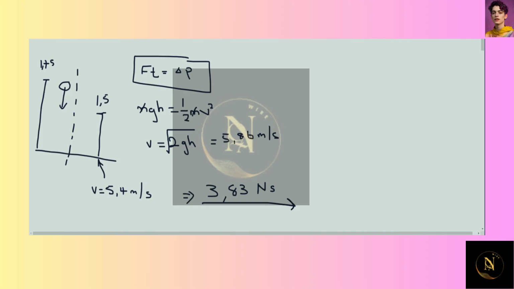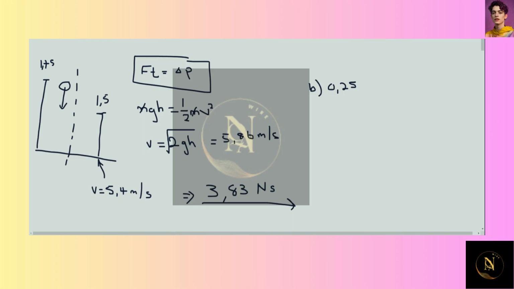The next part is asking you to calculate the average size of the force that would be exerted on the system for this to happen. Let's say we estimate that the time of contact between the ball and the floor is around 1/4 of a second.